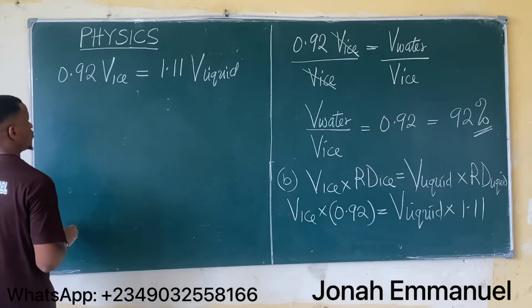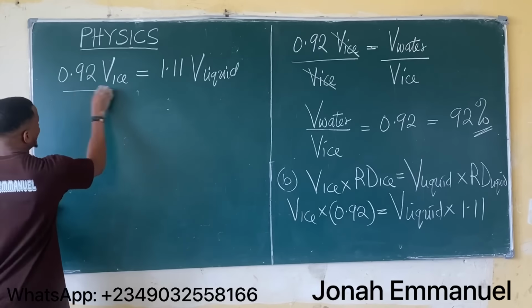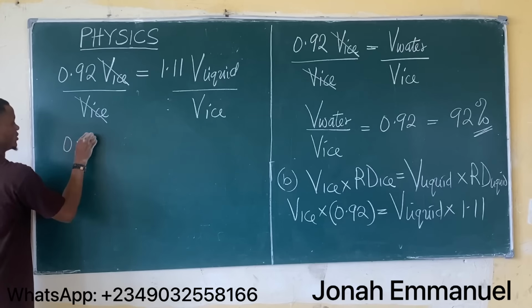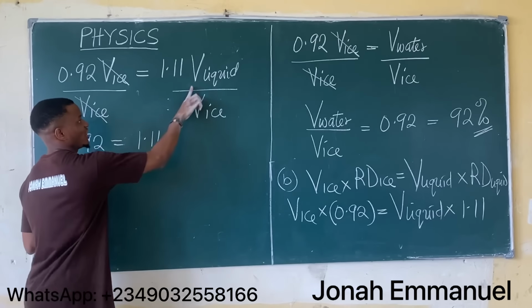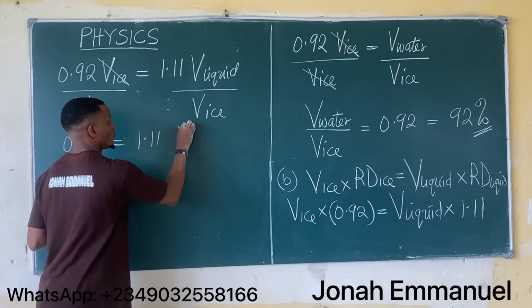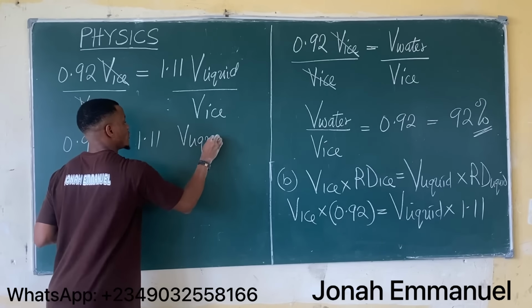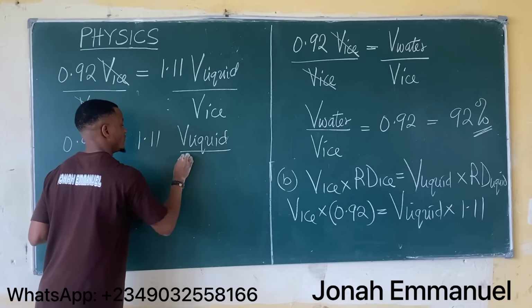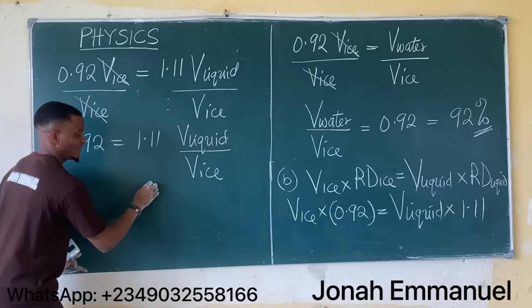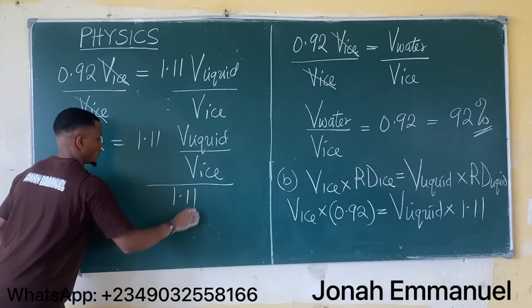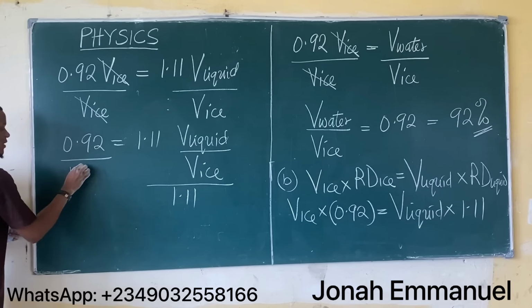It's as simple as divide here by volume of ice, divide here by volume of ice. So this cancels this. I have 0.92 is equal to 1.11 times volume of liquid all over volume of ice. To make it stand alone, I'll divide all of this by 1.11, divide all of this by 1.11.